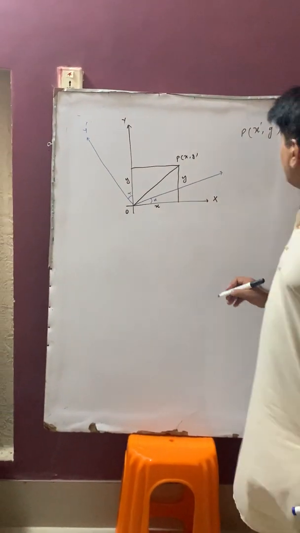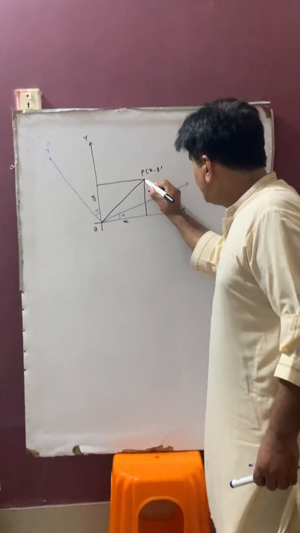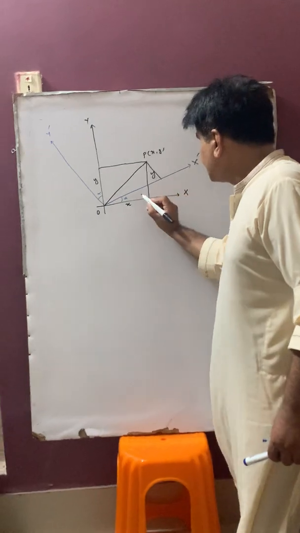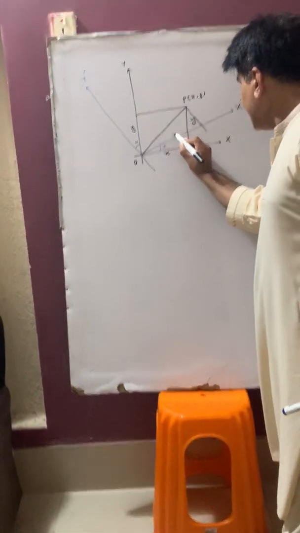Now, if we want to find out x prime, we have to draw a perpendicular from P on x prime and we'll get this distance x prime.